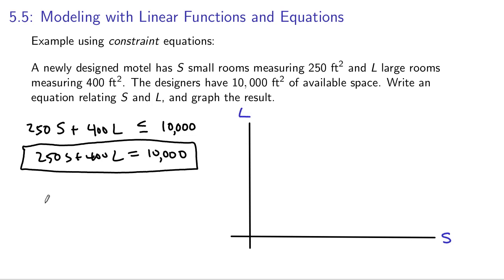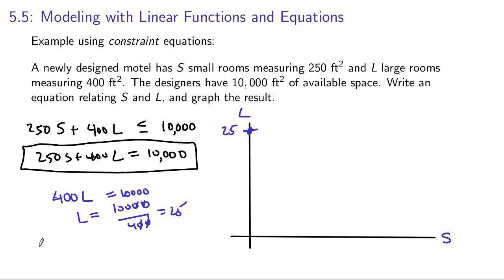If we think about what happens if we have no small rooms, this term goes away, and we would have 400 times the large rooms is 10,000. So the large rooms would be 10,000 over 400, which is 25. So when there are no small rooms, we have 25 large rooms.